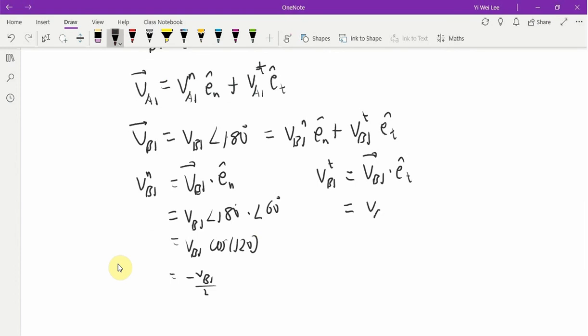In this case, we can just put out the math. 180 degrees dot product with negative 30, if I'm not mistaken, which is actually equal to VB1 cosine 210, and in this case, cosine 210 is equal to negative root 3 over 2. So we got negative VB1 root 3 over 2.